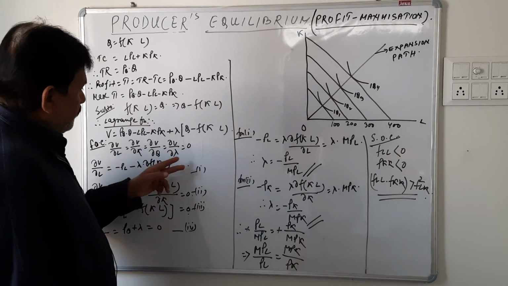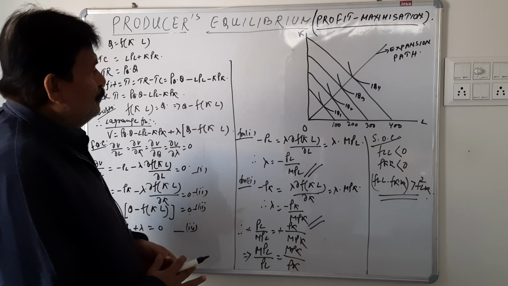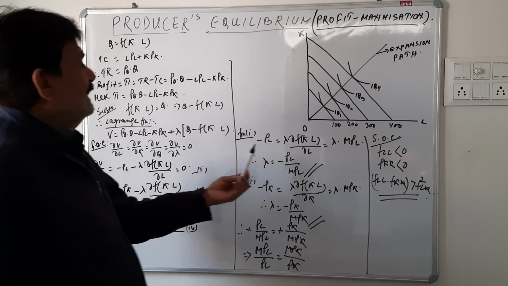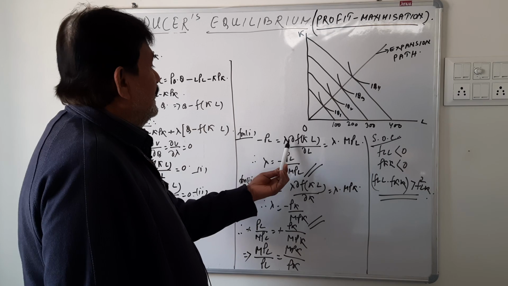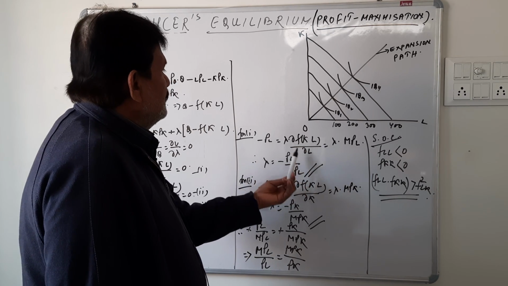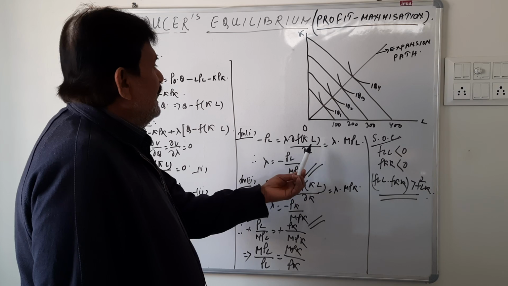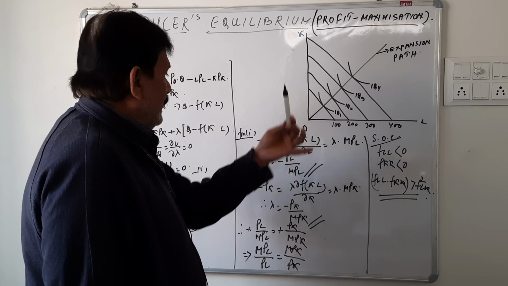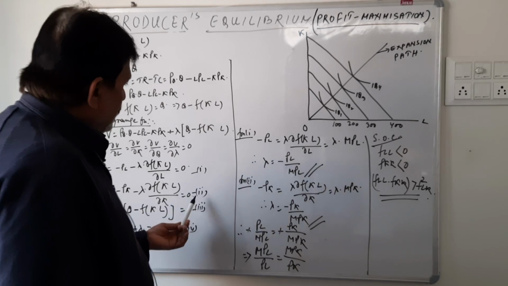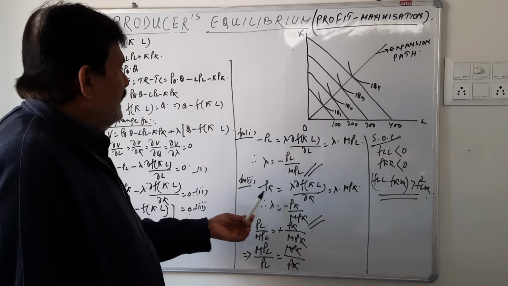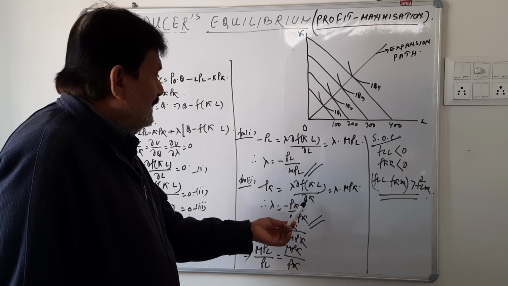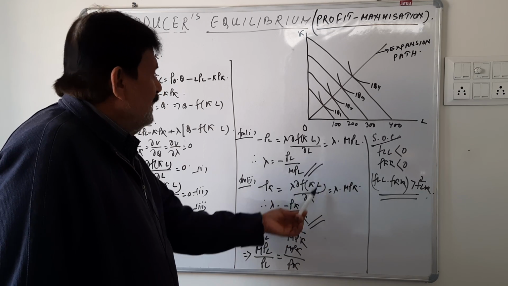Now from the first two equations, minus PL is taken to that side, this becomes lambda delta F(K, L) by delta L. As already I have said, this is the marginal productivity of labor. So minus PL is lambda into MPL. So lambda is minus PL by MPL. Similarly, from equation 2, we have minus PK equals lambda delta F(K, L) by delta K. This is MPK.